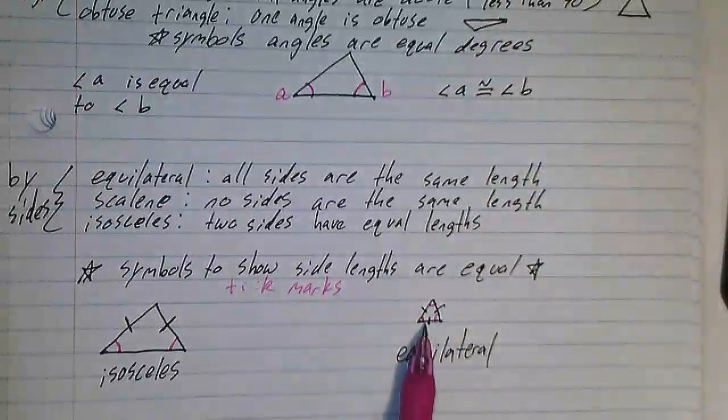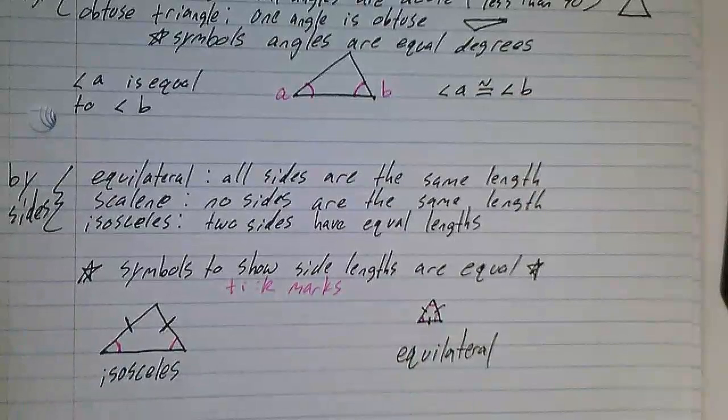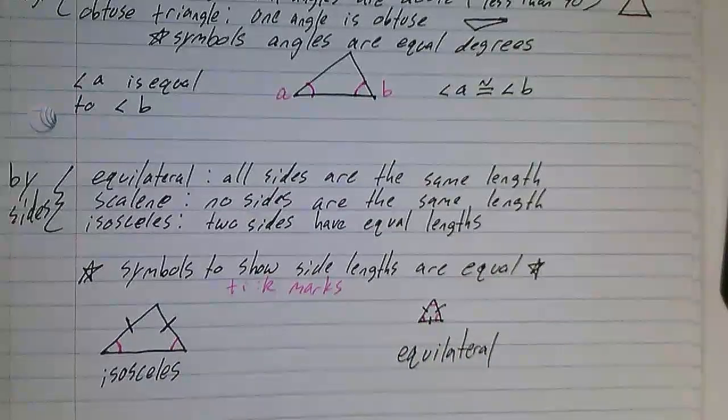So it could look like this. It could have just the tick marks on these sides. If you have any questions about classifying triangles, let me know. But now we will look at the Pythagorean Theorem.